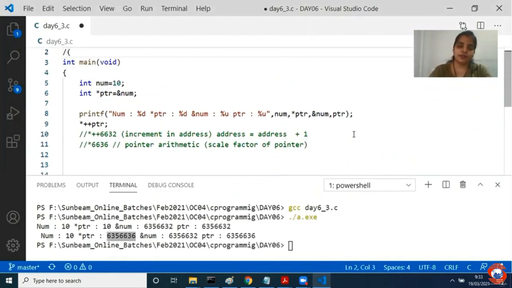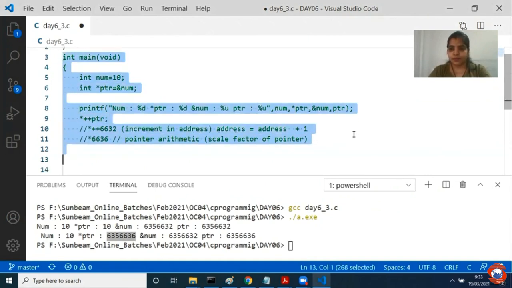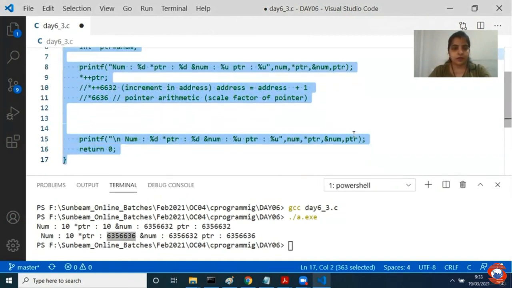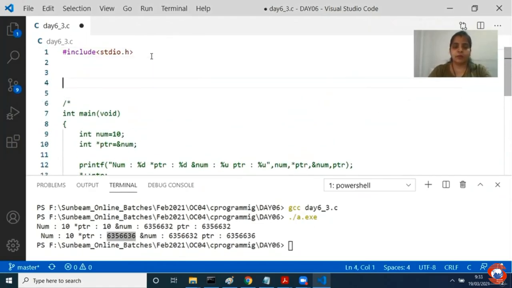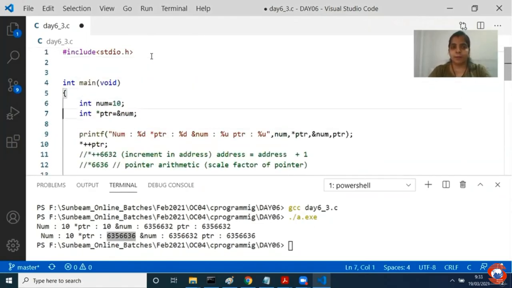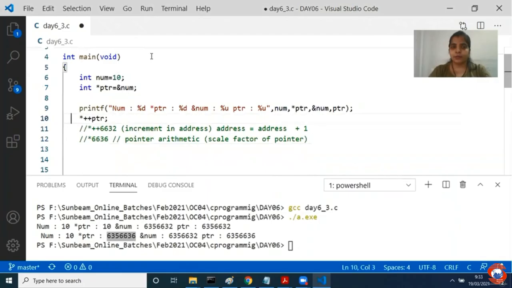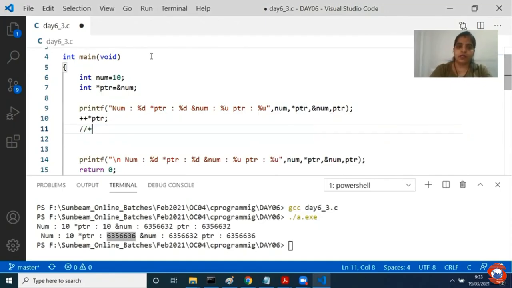दुर्गेश, let me just go ahead step by step. ओके. अब now I am writing, instead of pointer plus plus ptr, I am writing plus plus pointer ptr. Understand the difference.